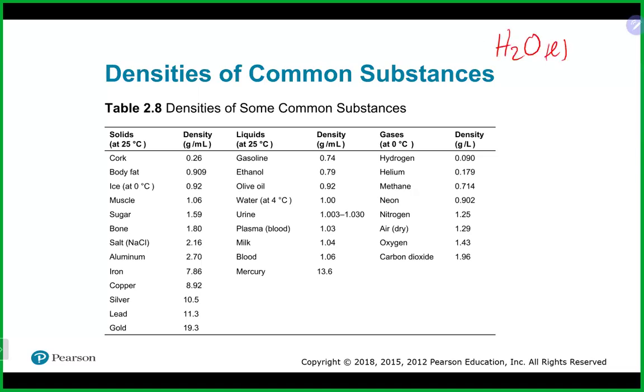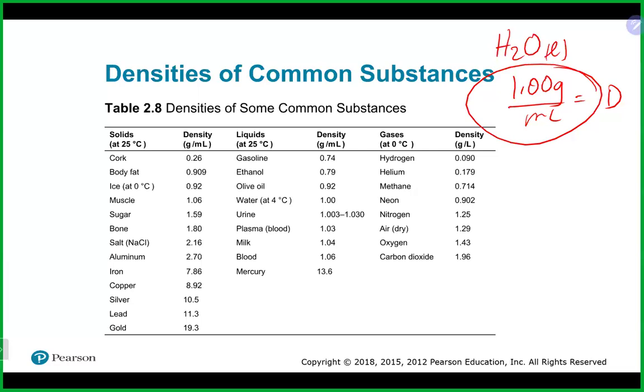For liquid water, 1 gram per milliliter is typically the value you would use. Sometimes in problems you'll feel like you need the density of water, and 1 gram per milliliter is typically the value you could use. It does change, as we just talked about.